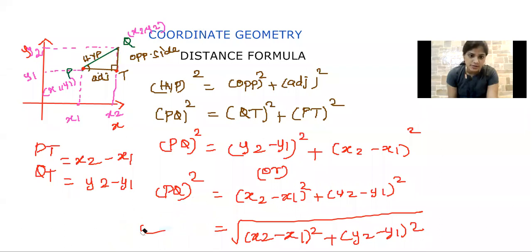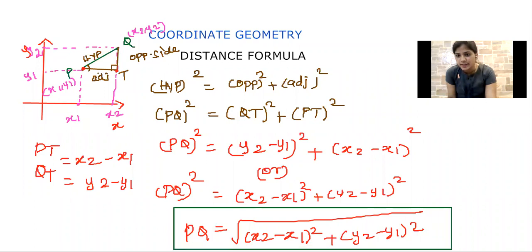So this is going to be PQ. That's it. We found the distance formula. We didn't find it, we derived it. So PQ is equal to the square root of x2 minus x1 the whole square plus y2 minus y1 the whole square.